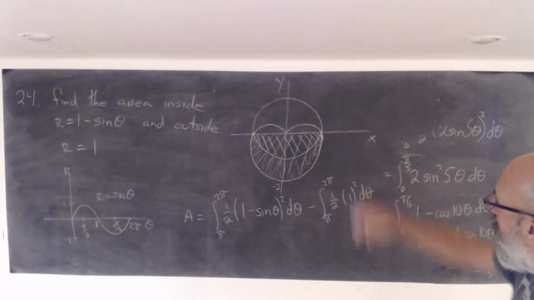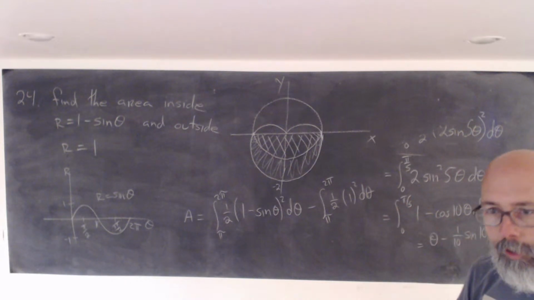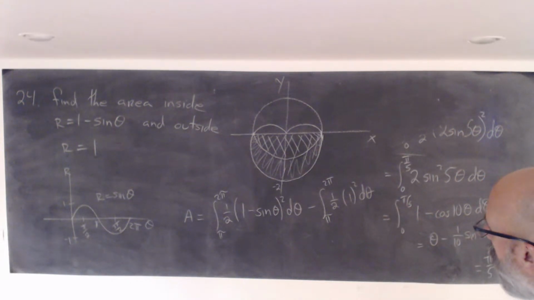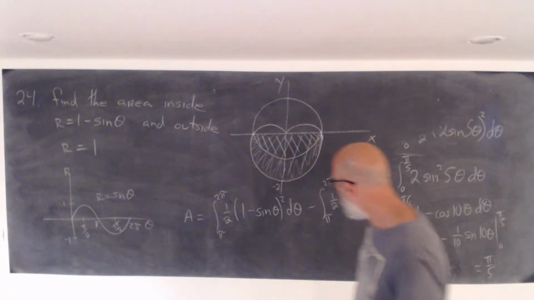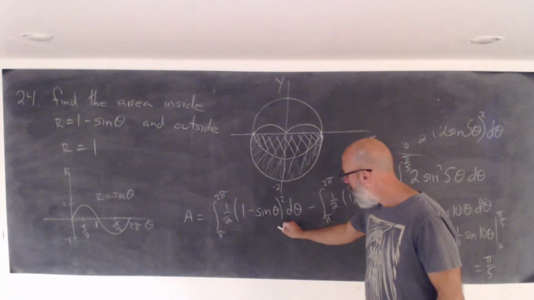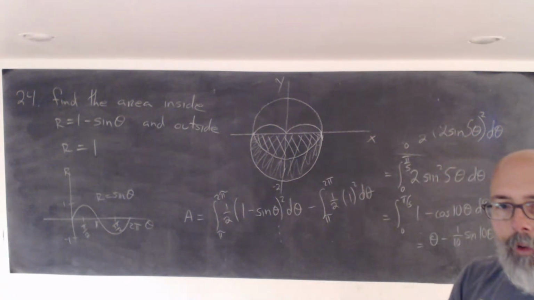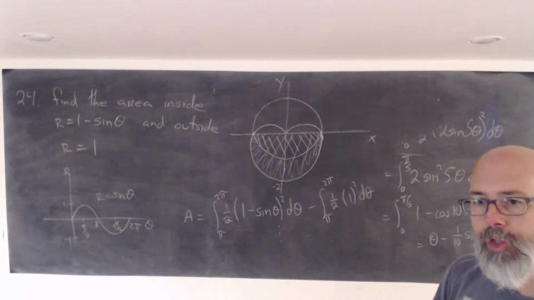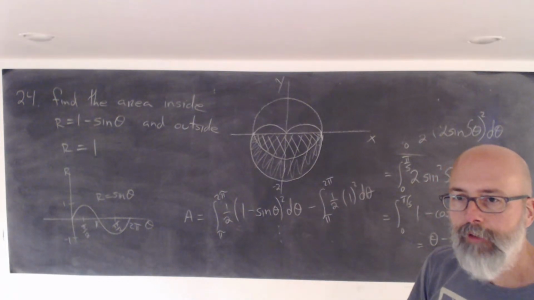So this should be pi over 2, which clearly it is going to be. I'll leave you to integrate this. This is trivial. The important thing for us was the setup here. And there we have it.